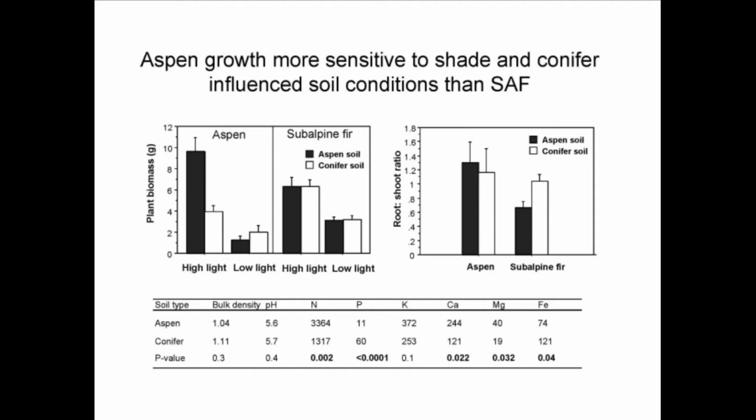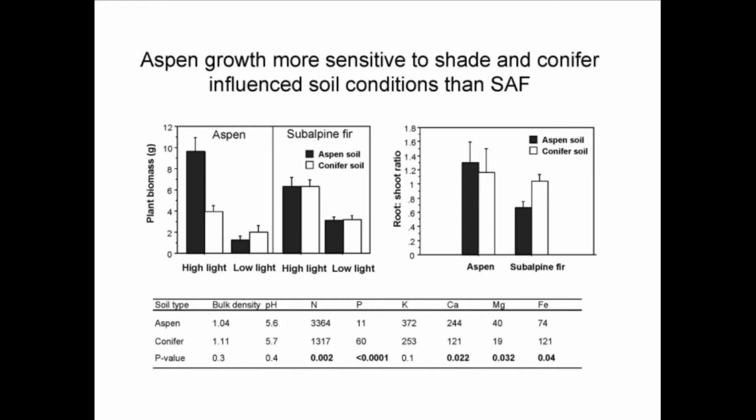So seedlings growing under low light environments have much lower growth, but I would say aspen's more sensitive than the subalpine fir. Soil has no influence on subalpine fir. Okay? Regardless of light environment, when it's growing on aspen soil or conifer soil, there's no growth effect. For aspen, that's not true. Okay? Especially under high light environments, they're much more sensitive to the conifer soil. They grow much less than on self soil.